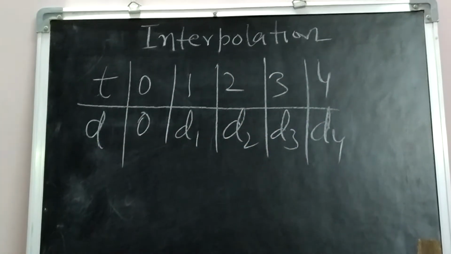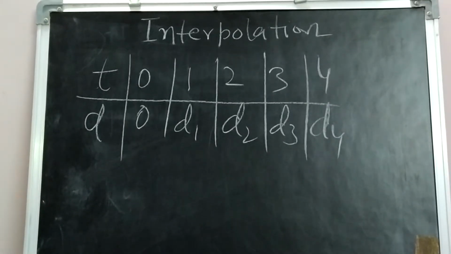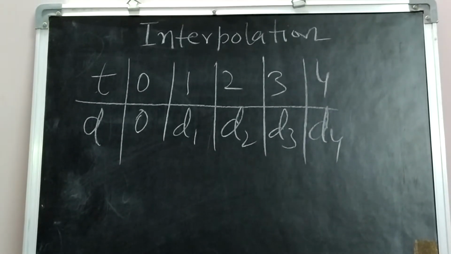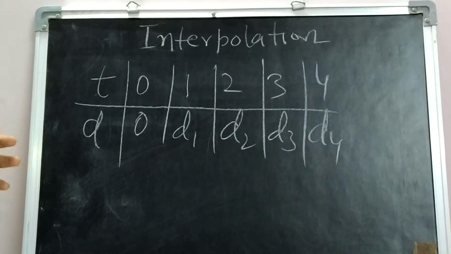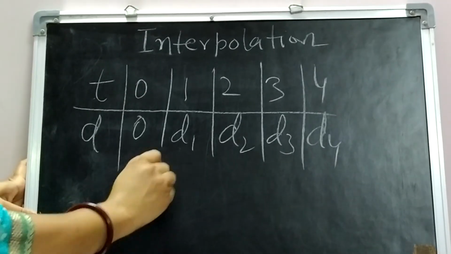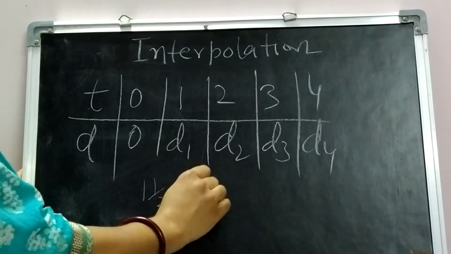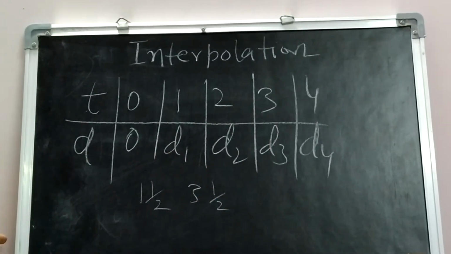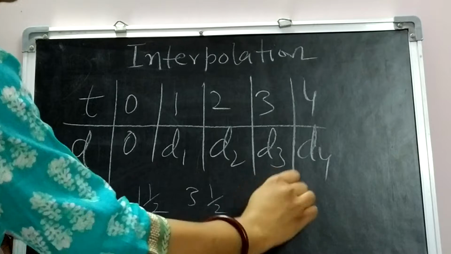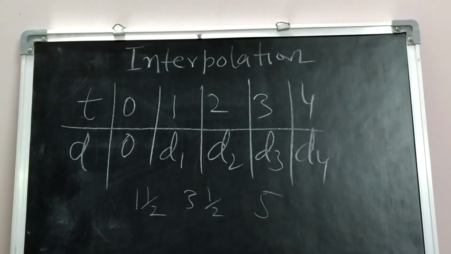Now the question is, we have to find the number of deaths due to this pandemic after the elapse of, suppose, 1.5 weeks, or 3.5 weeks, or 5 weeks. So this is the problem.